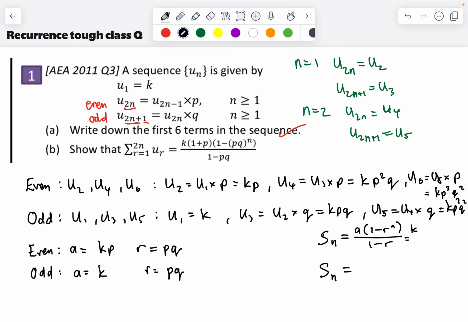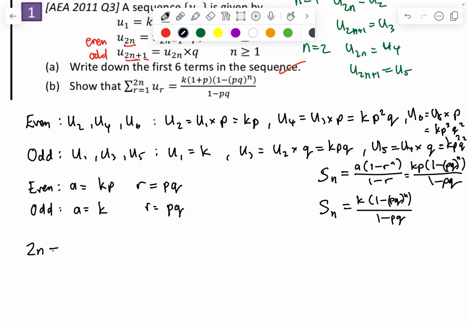Our a was kp and r is pq, so kp times 1 minus pq to the n over 1 minus pq. For the odds, again, a is k, times 1 minus pq to the n over 1 minus pq. Now to get 2n terms, I have to do n plus n, so I'm going to add those two sums together to get the total.